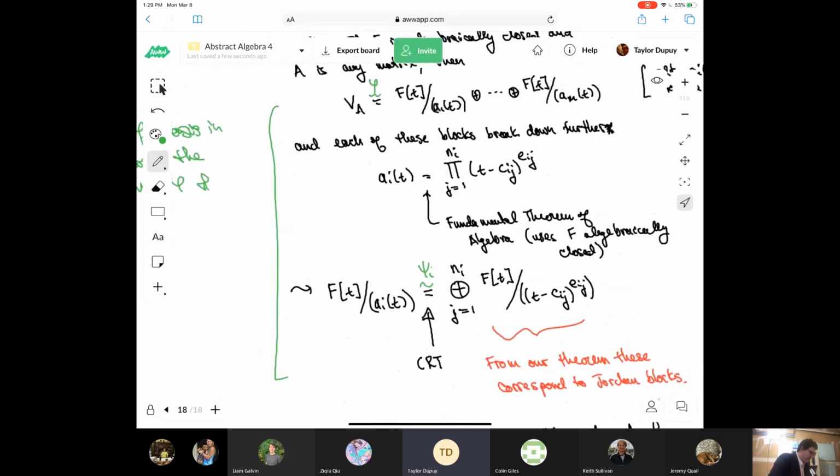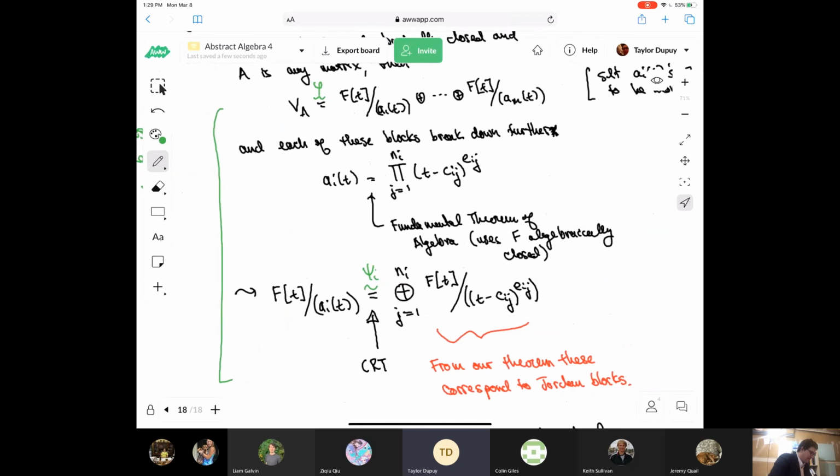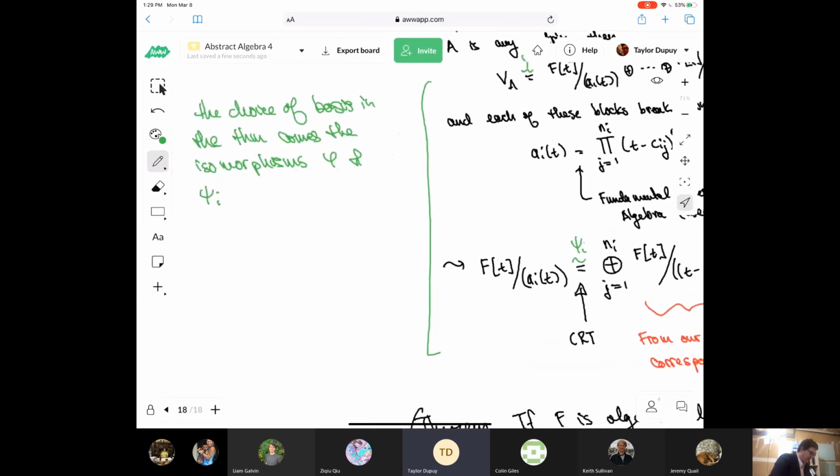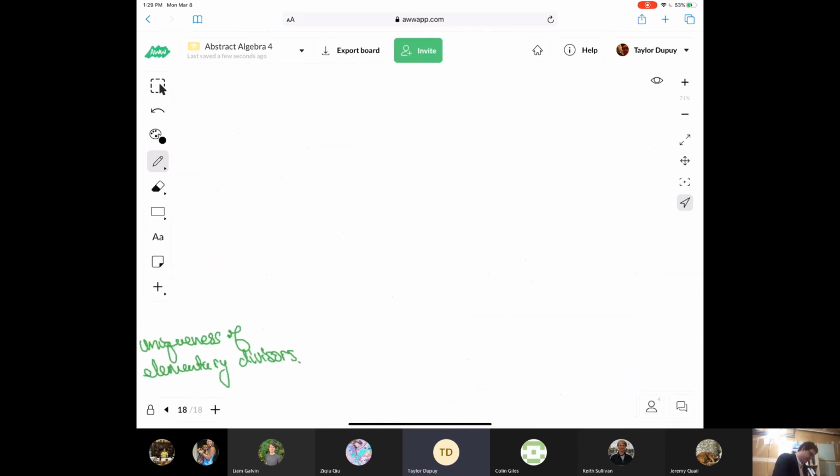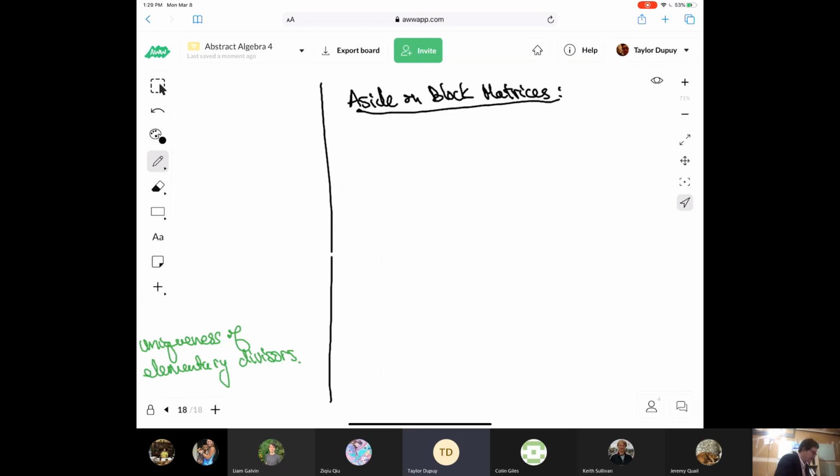Okay. So I just want to say a little bit about block matrices, just to be completely clear about what they are and what they're doing. Maybe we'll do this over here, as an aside on block matrices. Block matrices are really like direct sums.